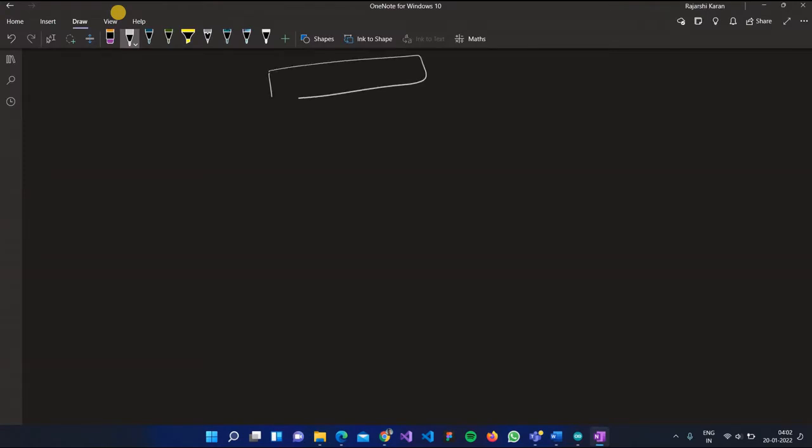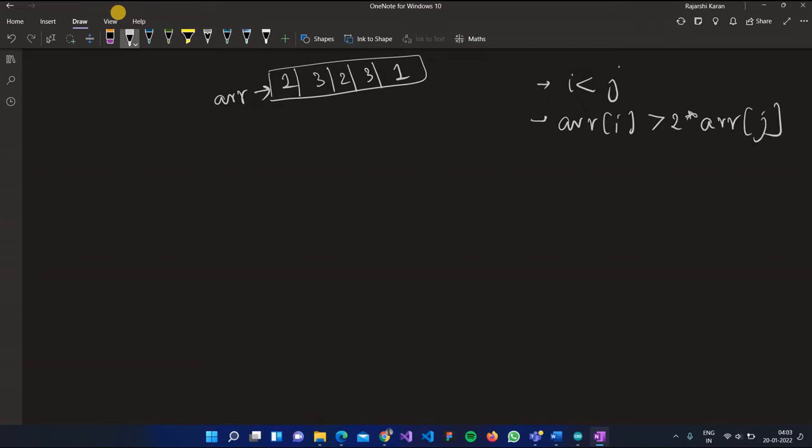So we will write down our array here, 1 3 2 3 1. Now in this question we basically have to find, I'll write down those two conditions again: i is less than j and array of i should be greater than 2 into array of j. So we have to find all such ij pairs.